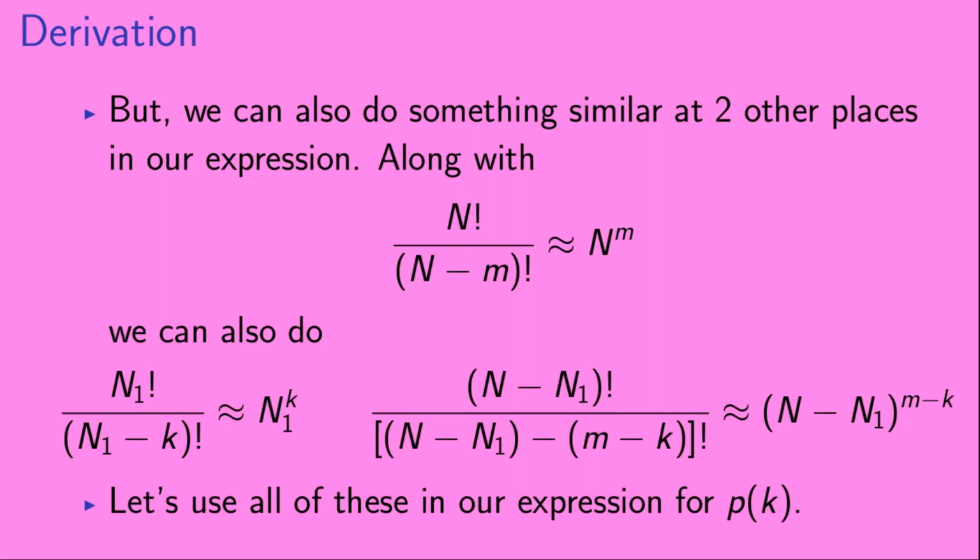So along with n factorial over n minus m factorial approximately equaling n to the m, we can also do that n1 factorial over n1 minus k factorial is approximately equal to n1 raised to the power of k, and n minus n1 factorial over n minus n1 minus m minus k factorial is approximately equal to n minus n1 raised to the power of m minus k.